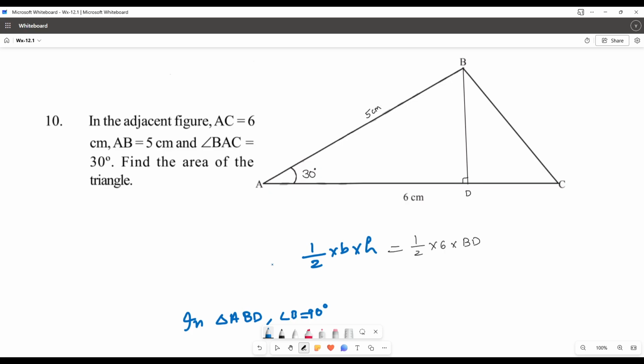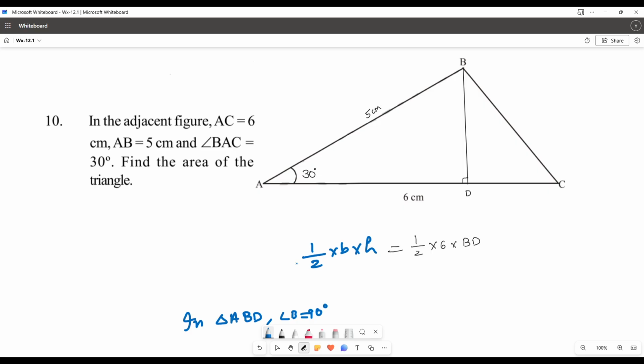With respect to angle 30 degrees, BD is the opposite side, and the hypotenuse is AB, that is 5 centimeters. We don't have the length of AD. 6 centimeters is the length of AC. So in triangle ABD, we have angle 30, the hypotenuse 5 centimeters, and we need to find the length of the opposite side.